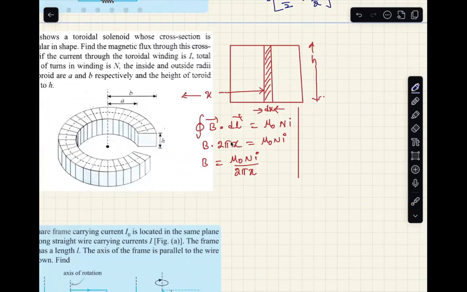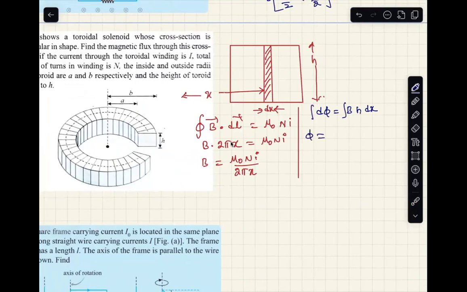What is flux? d phi is B h dx. Agreed? Slot area is h dx, and there the field is B. Now integrate this.